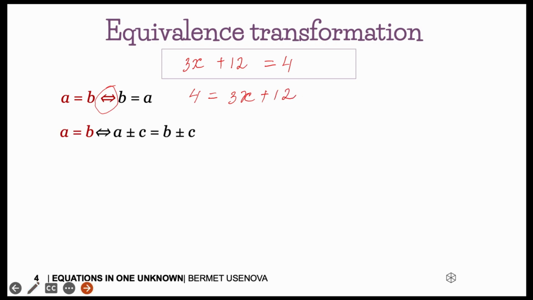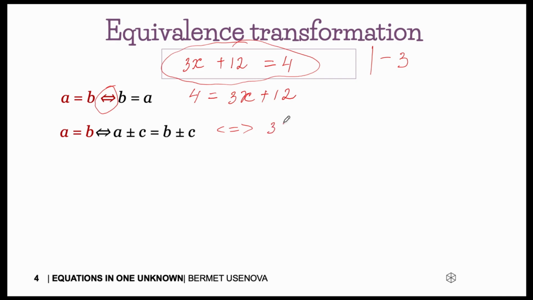The next equivalence transformation is adding or subtracting the same value from both sides. For example, if we take our main equation here, and we decide to subtract 3 from both sides, it will be equivalent to the following equation.